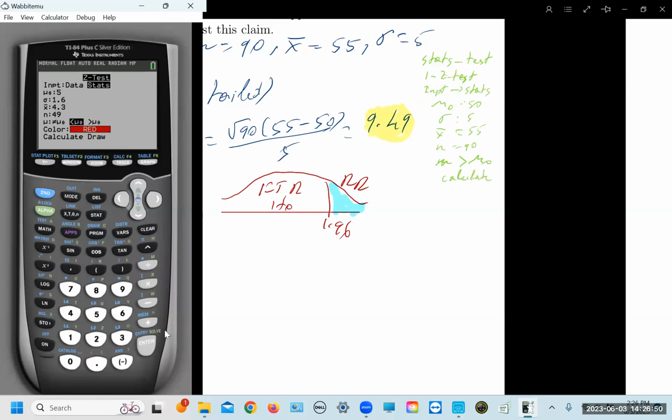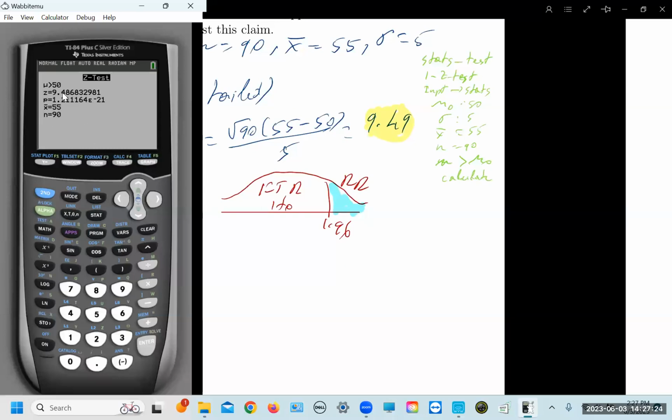Okay, test. So we have mu as 50, sigma as 5, x bar 55, n as 90, and then calculate.